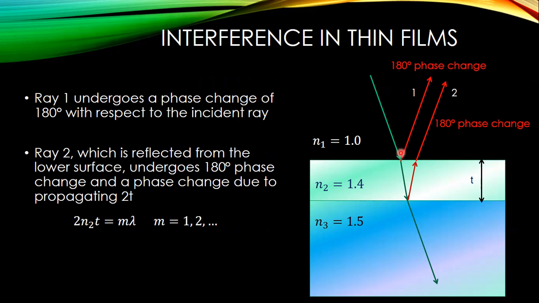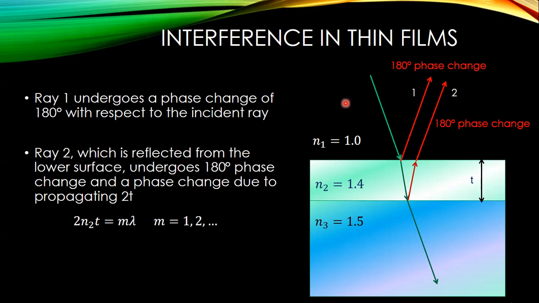The second reflection, to get back to 180 degrees, we have to go 180 degrees, which is half a wavelength, plus another 180 degrees, which is another half wavelength. So our thickness is 1/2 the wavelength to produce constructive interference.